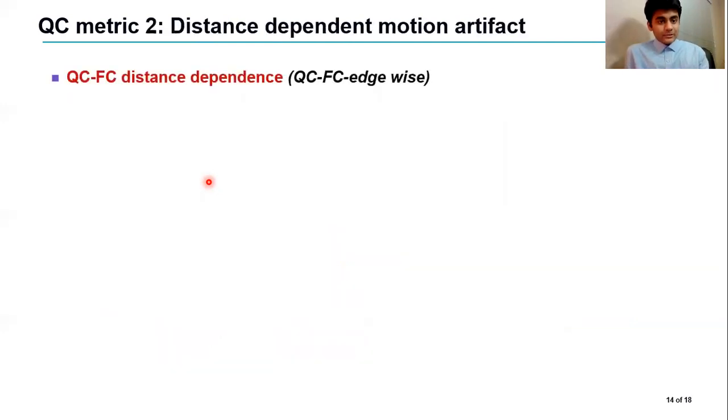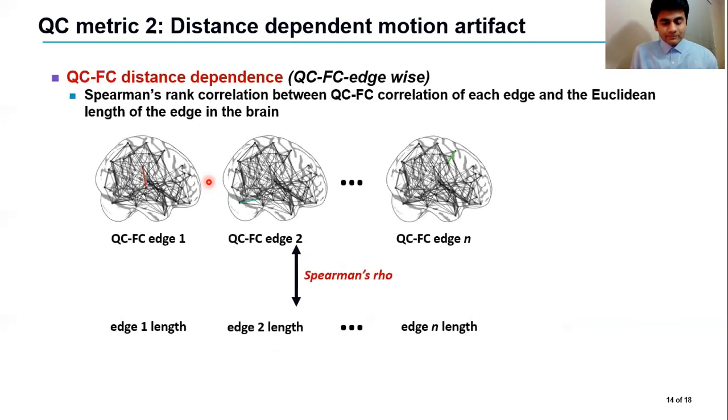Our second QC metric was QC-FC distance dependence. This is computed as a Spearman's rank correlation between the QC-FC value, so the previously computed Pearson's R correlation value for each edge, and the physical distance or the internode distance for that edge.